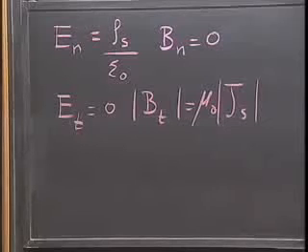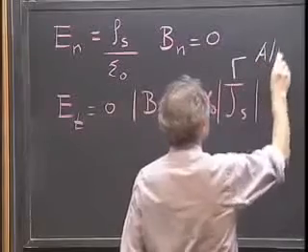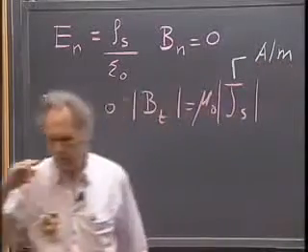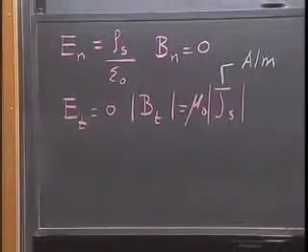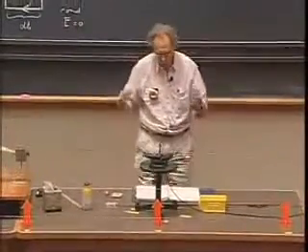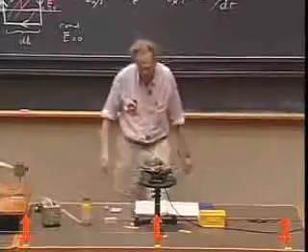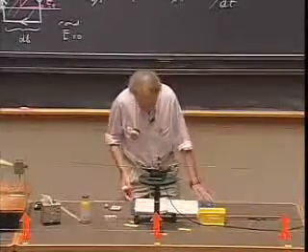J of S is a surface current density, and it has units, amperes per meter. And so there are actually currents, oscillatory currents, on the surface that occur when the electromagnetic wave comes in. And these currents change with the frequency, of course, of the incident radiation.